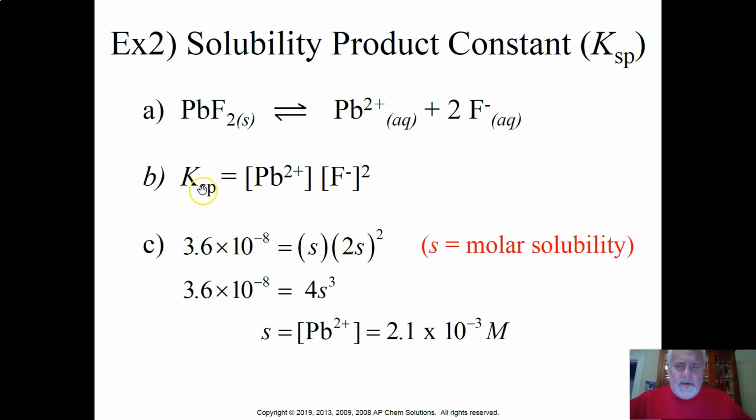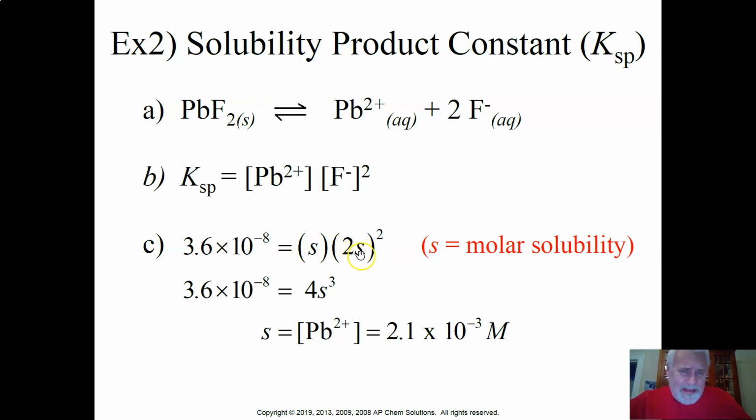So what you're going to do is the KSP was given in the problem, and then you're just going to use lowercase s as the molar solubility. Certainly you could use an X in this problem, but this is common practice, and it's a really good idea on the AP exam to use an S for molar solubility. So you take S. Now notice what we did here.